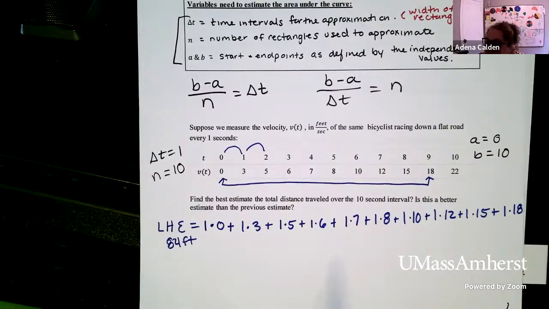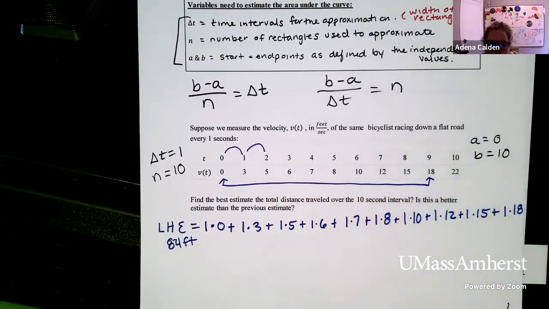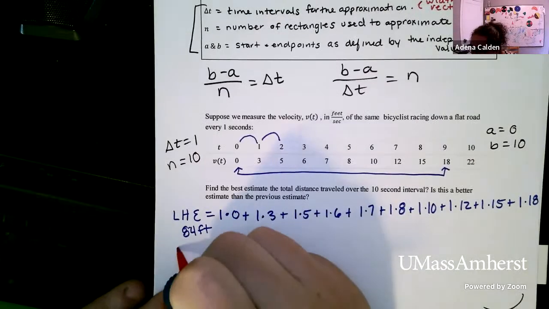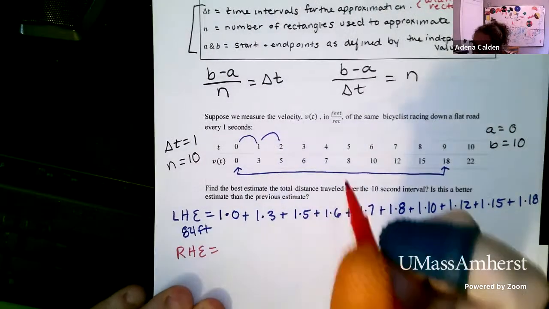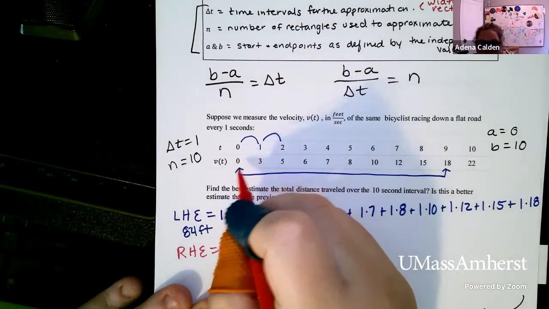So our left-hand estimate says that we went 84 feet. Again, the numbers that are even were the same. The only difference is that we added in more data in between. For our right-hand estimate, for the first 1 second, we pick the rate on the right. We don't use the leftmost rate.